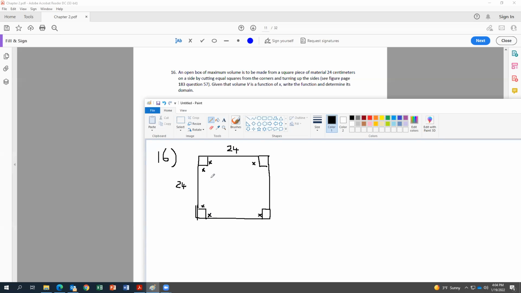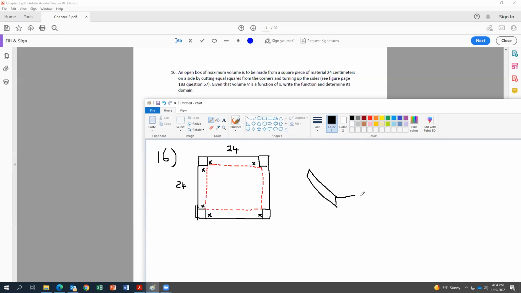You take it out, and then if you fold on the red dots that I drew here, folding it upwards, you will get yourself an open box. An open box will look something like this. It's 3-dimensional.